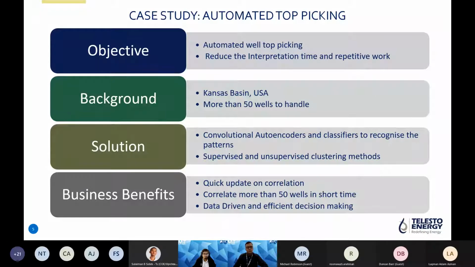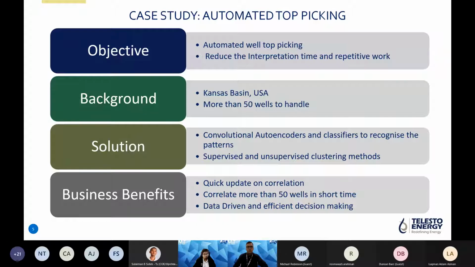The objective of this case study was to pick the well tops automatically so that we can reduce the interpretation time and repetitive work. Just imagine doing the correlation again and again for a field having 50 wells, 100 wells, 150 wells. This is time-consuming work.